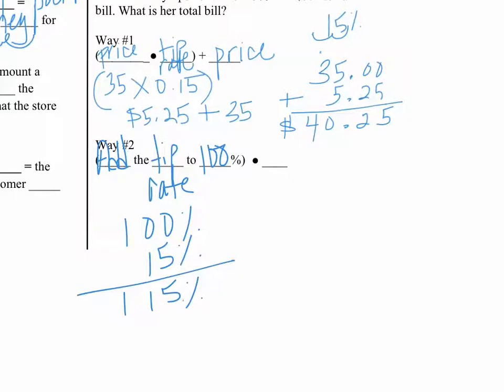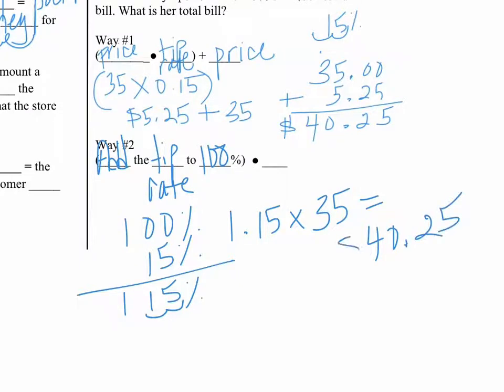Change that to a decimal, which will give you 1 and 15 hundredths, and multiply by the price of the meal, which was $35. You can pause the video to do the math, and you will see you will get $40.25. So whether you use way 1 or way 2, you should get the same cost for the meal plus the tip. But pay attention, that did not include tax.